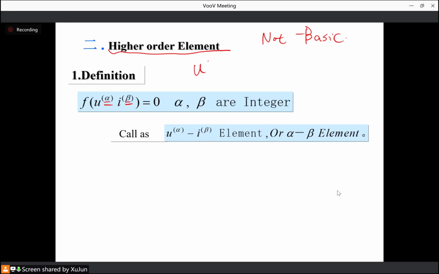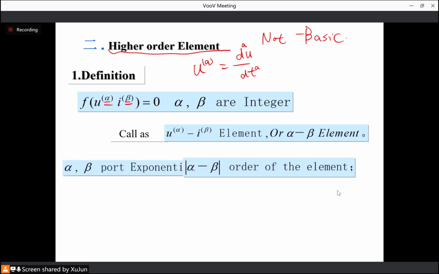This U(α) means the alpha order differential of U, d^αU/dt^α. We call this a high order component. The absolute value of alpha minus beta is the order of this element.